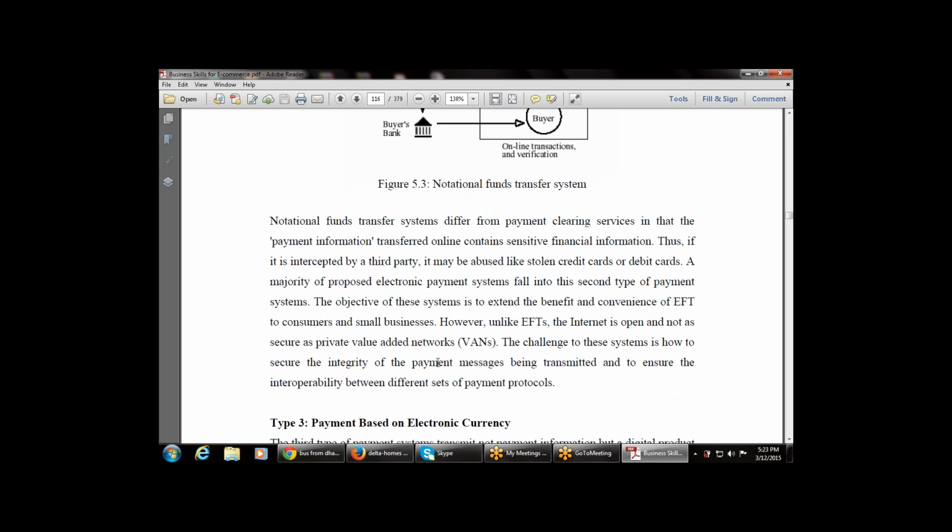The challenge to these systems is how to secure the integrity of the payment messages being transmitted and to ensure the interoperability between different sets of payment protocols. That is, how to provide the integrity of the payment messages that are being transmitted, and to ensure interoperability, that is, how different protocols can operate with each other.